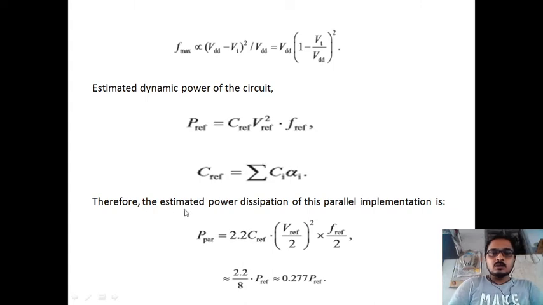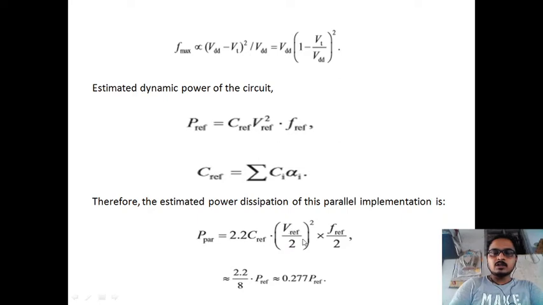Therefore the estimated power dissipation of this parallel implementation is P parallel equals 2.2 C reference. Here we are using multiple copies: we actually require a single circuit, but in parallelism we need two circuits, so the capacitance is doubled, in the order of 2.2. That's why we multiply 2.2 by C reference, with the supply voltage scaled by 2, so V reference by 2.